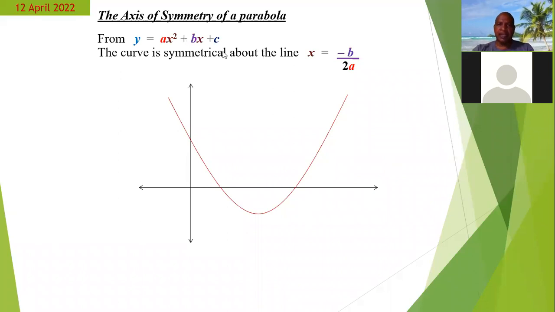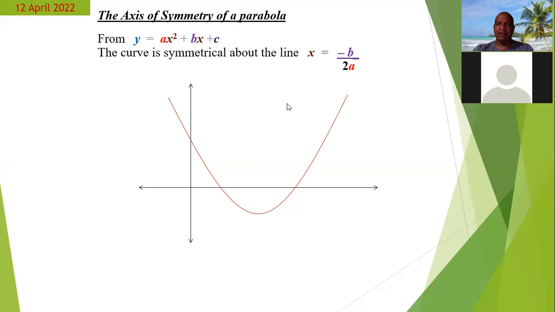Now, as I was saying, our axis of symmetry is a line that cuts down the middle of the parabola, right at the point where you can fold over. If you think of folding the left side onto the right side, it will fit perfectly.